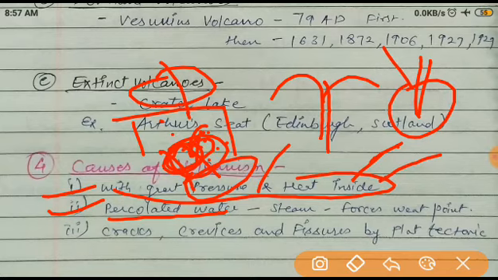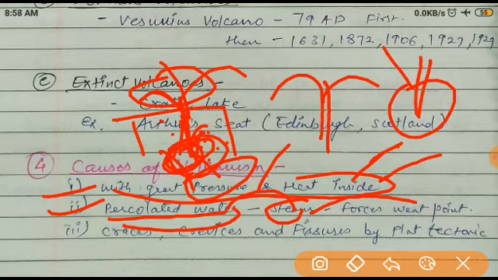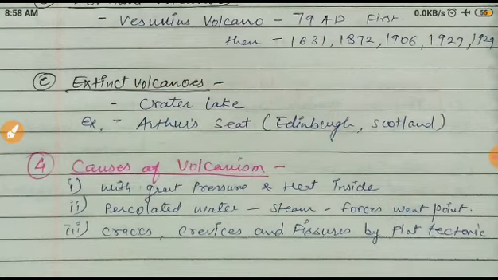So when this steam is pressurized on the crust, then again cracks are formed, and then the volcano starts. So percolated water goes inside and forms steam and it forces the weak point of the crust, and then finally the volcano is formed.